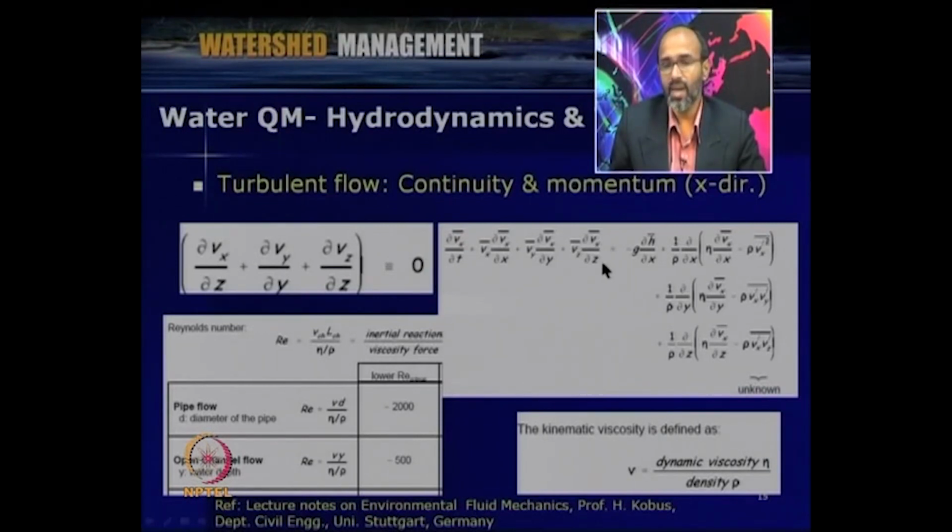For turbulent flow, the momentum equation derived from the Navier-Stokes equation, which is generally called the Reynolds transport equation, is described in terms of the fluctuating components of velocities like Vx dash, Vy dash, and Vz dash and their variations. And here this eta is the kinematic viscosity, which is defined as dynamic viscosity eta by rho. So, nu is equal to eta by rho. In terms of that we can represent.